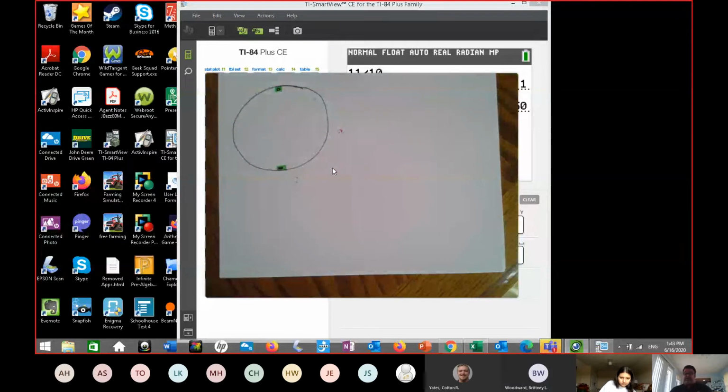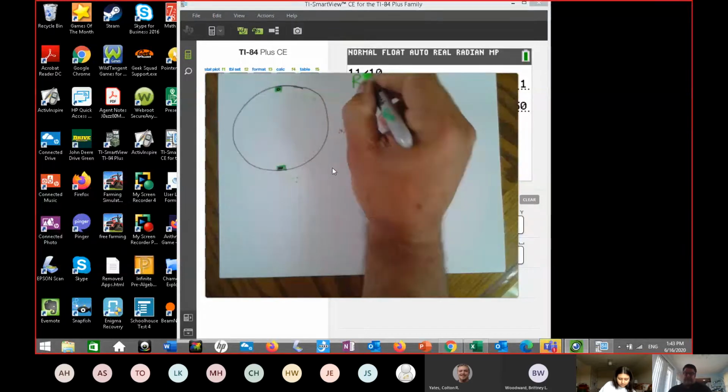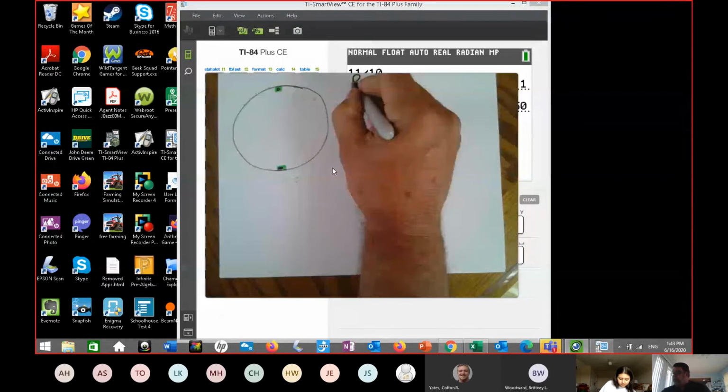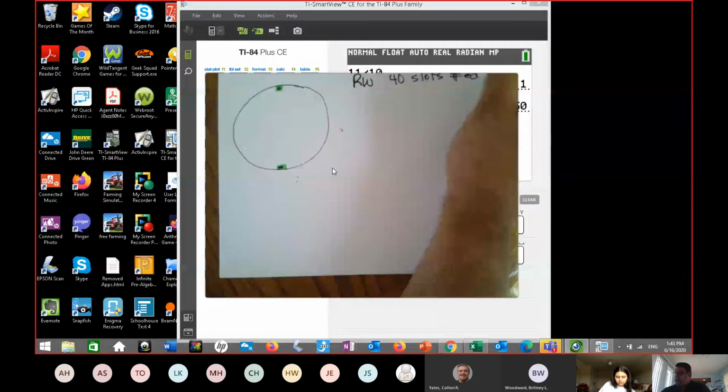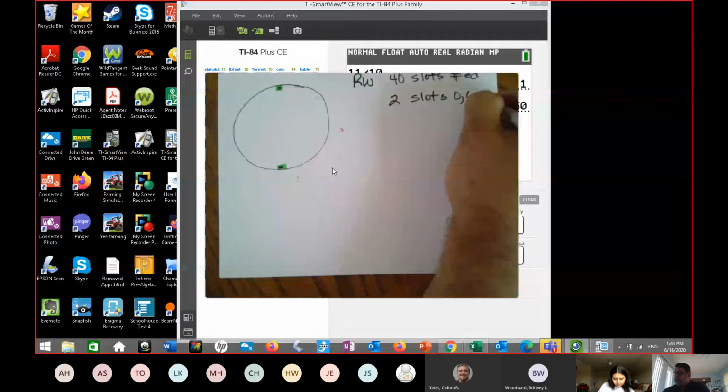Okay. And we've got the same thing, roulette wheel. Roulette wheel has 40 slots numbered. And with 2 slots, 0, double 0.